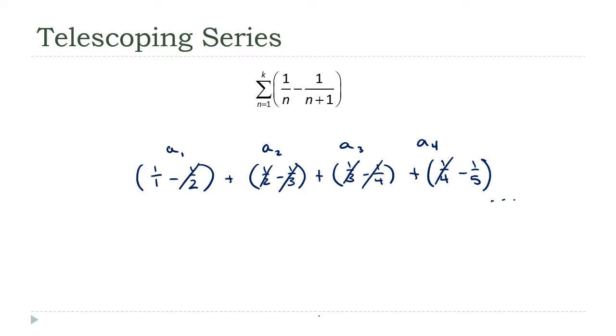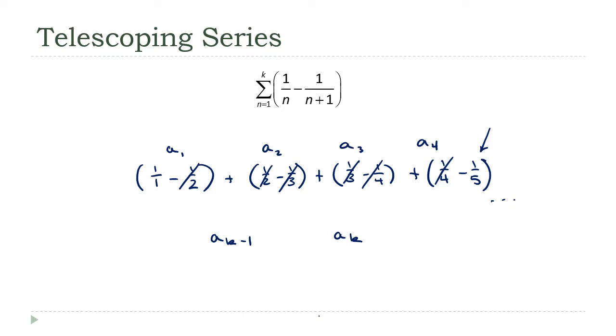To see how it ends, I'm going to look at the last two terms. That's a sub k minus 1 and a sub k. I know what's going to happen. I'm going to get a whole lot of canceling, and there's going to be one term left, and I really want to be clear about which one term that is. Based on what I'm seeing here, it's going to be the very last term.